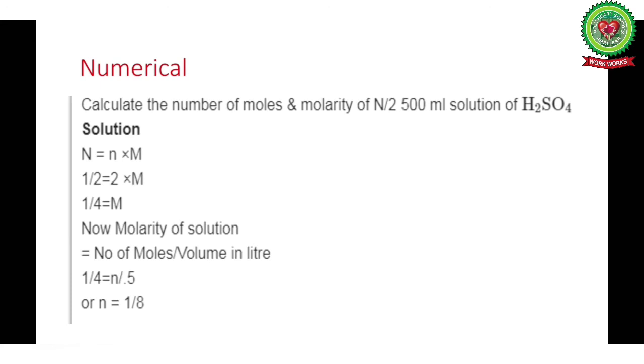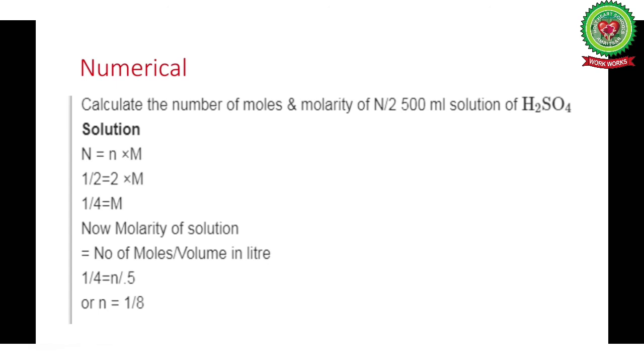First of all, the acid given to us is H2SO4, so the value of small n will be 2, because H2SO4 will furnish 2 H positive ions. Normality is equal to n into molarity. Normality is given to you, that is 1 by 2, and the value of small n is 2. So from here you will calculate molarity, that is 1 by 4. So we have got the molarity.